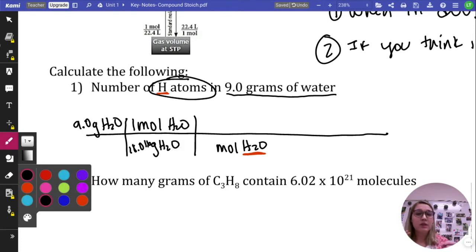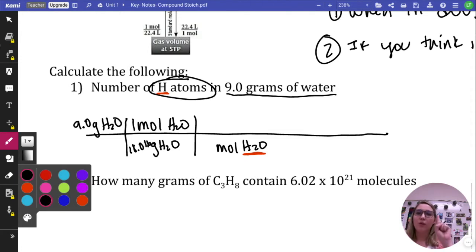Since I have different substances here, I have to use what we call a mole-to-mole ratio, in this case the mole-to-mole ratio inside of our compound. Basically, I want to look at how many hydrogens are in each water molecule, so I want to convert from those water into hydrogen.